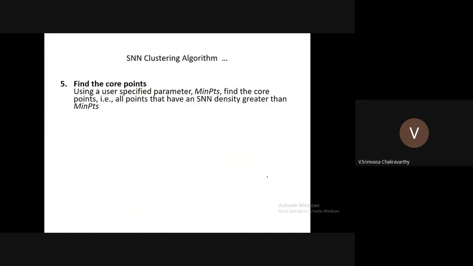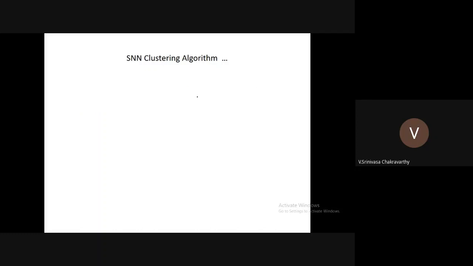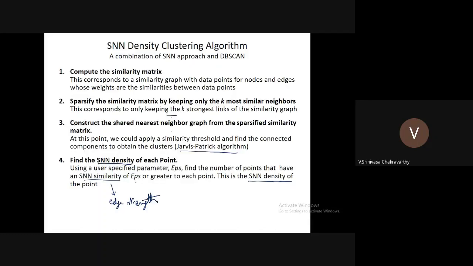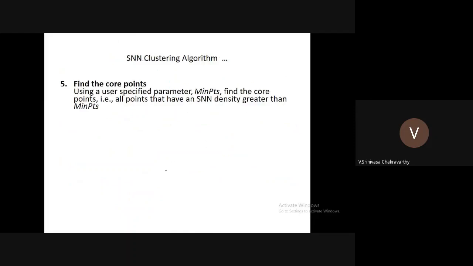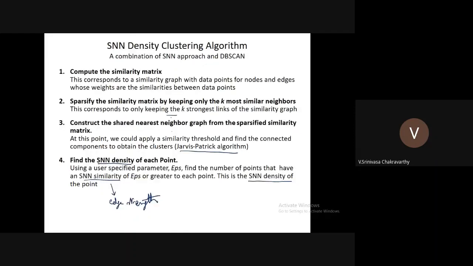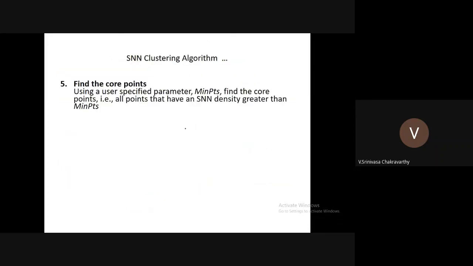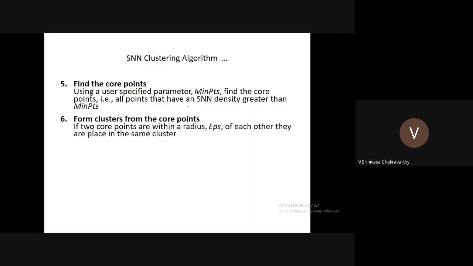Now, once you have a density, just like the DBScan algorithm, you can think of core points, because high density points will simply be called the core points. Here we can define the number of min points. If the number of neighbors with a mutual strength greater than epsilon is greater than min points, then you call that data point a core point.